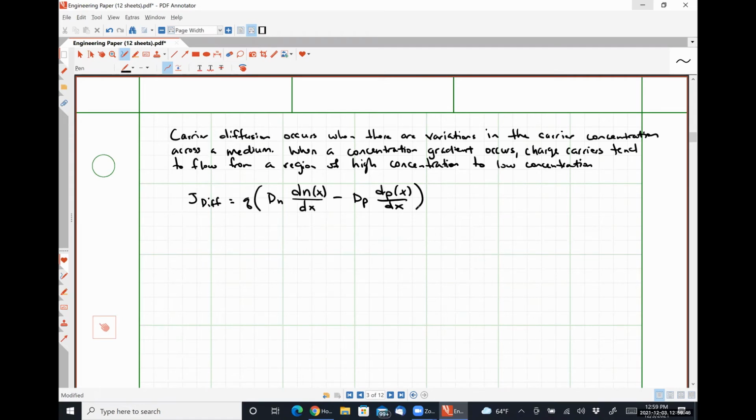Okay. So capital D_n and capital D_p are what are known as the diffusion coefficients or the diffusivities of electrons and holes in a semiconductor medium. This dn/dx is simply the derivative of the electron concentration, which represents the gradient, right? Same here, this dp/dx is the hole concentration gradient across the medium.